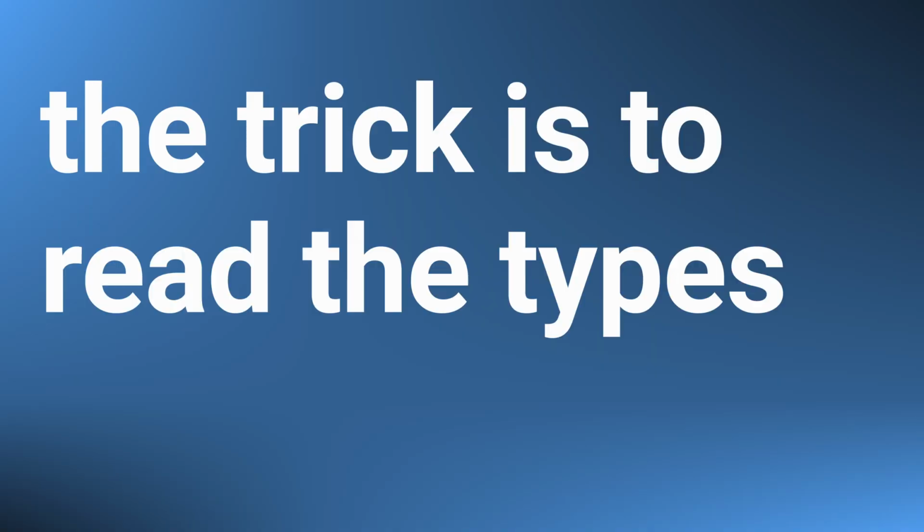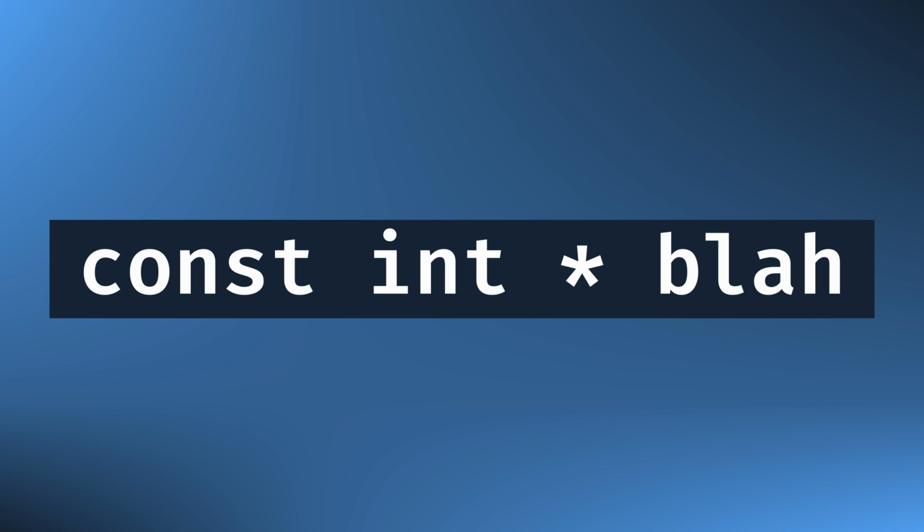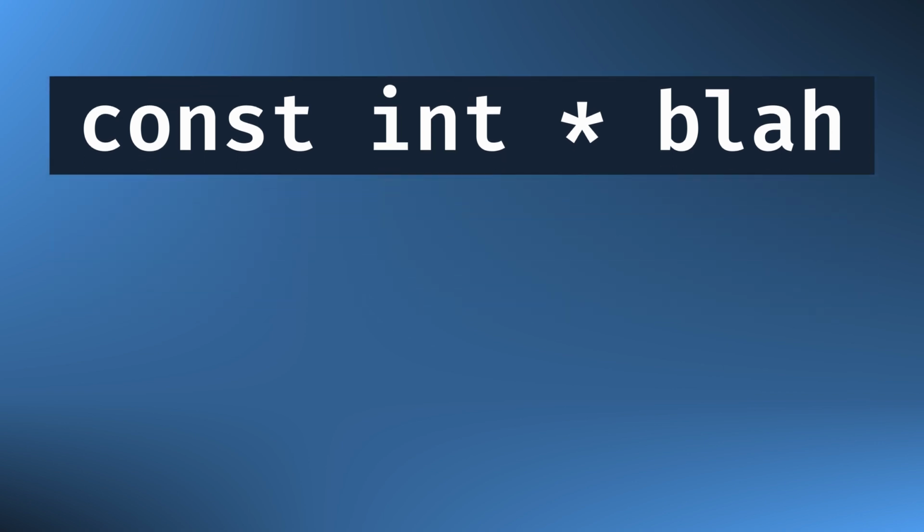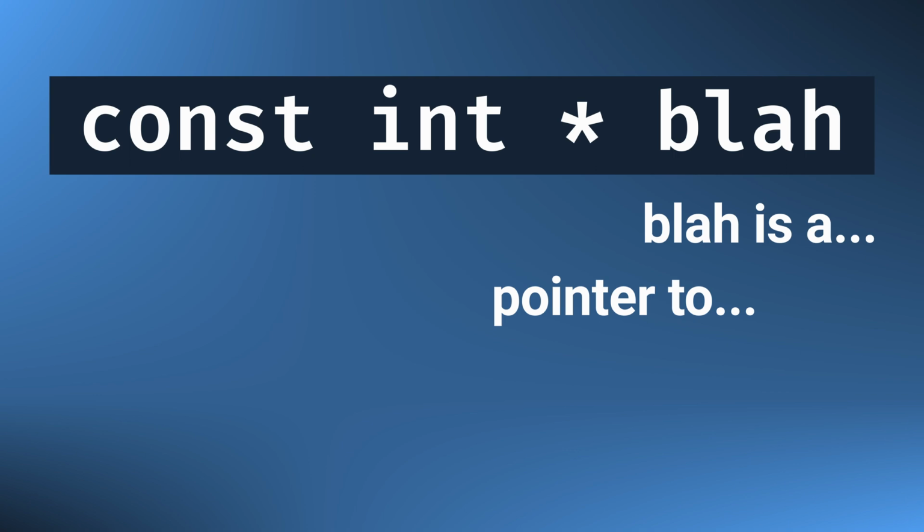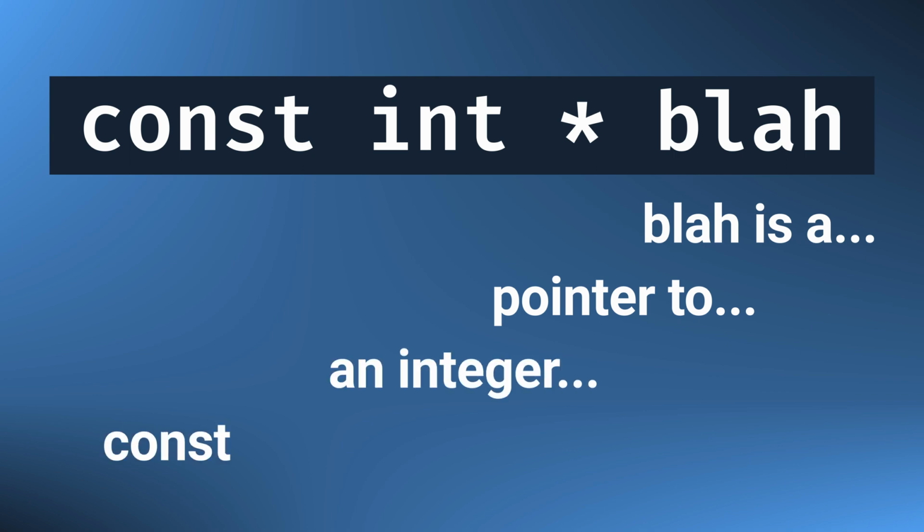And this topic is complicated. It has left a lot of people with a twitching eye. But there is a trick to this, and once you know this trick, it becomes much easier to read these types and to understand where to put const depending on what you want. And the trick is to read the types from right to left. So if we have a const int star blah, we start with blah, saying blah is a pointer to an integer constant.